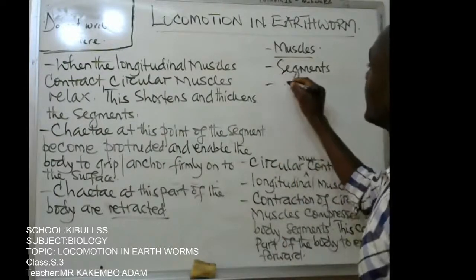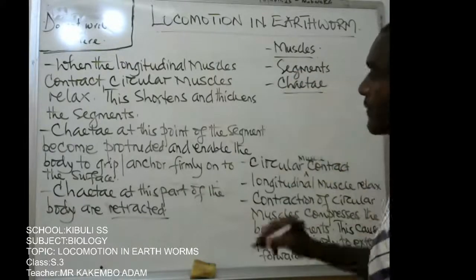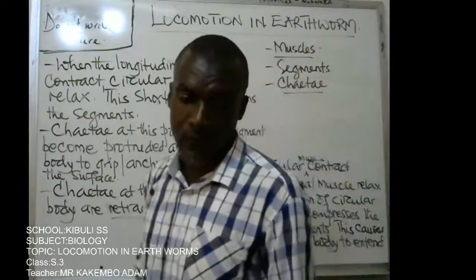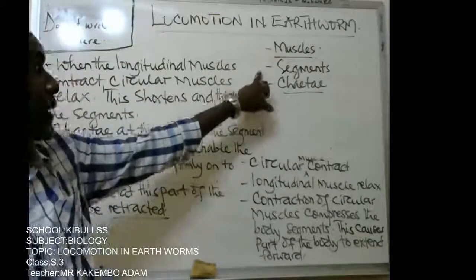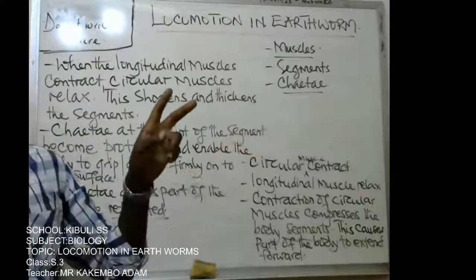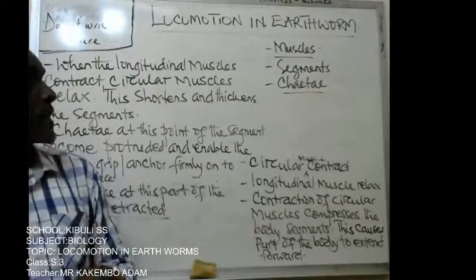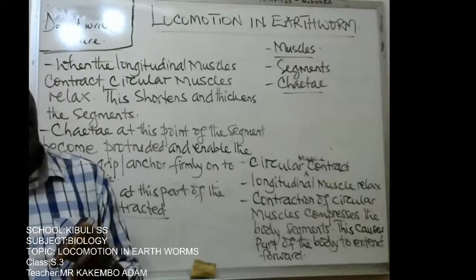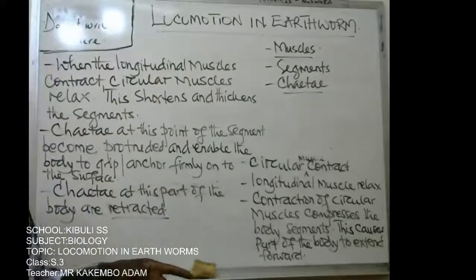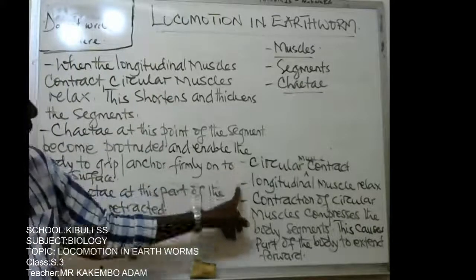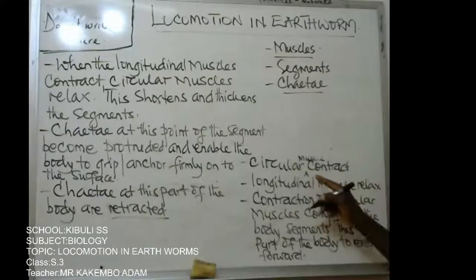Then, the chitae, the protrusion and retraction of the chitae. Those are very important aspects about locomotion in an earthworm. The two sets of muscles, circular muscles and longitudinal muscles, operate antagonistically: as one is relaxing, the other contracts.